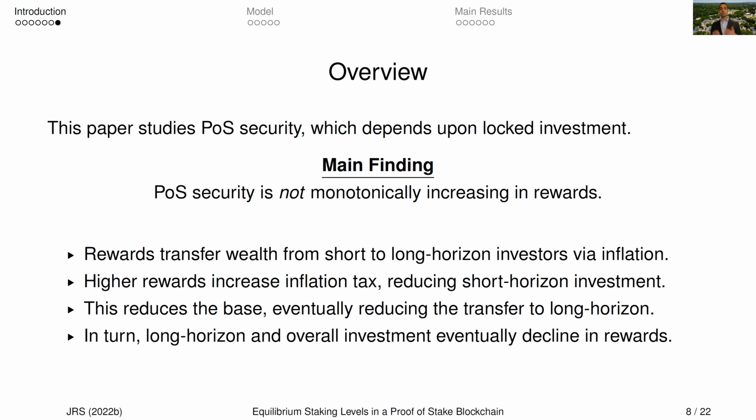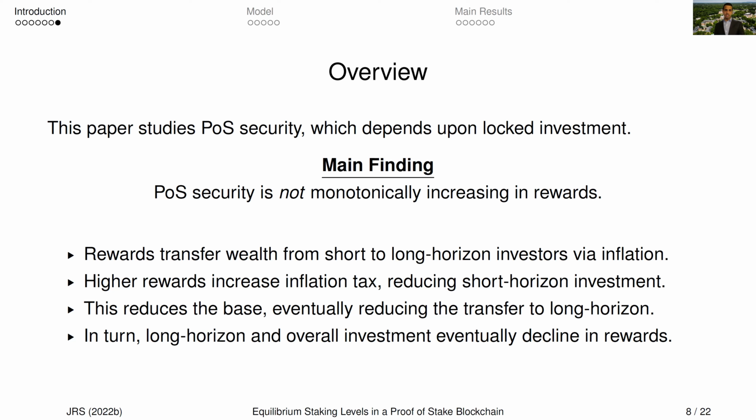But then, importantly, this driving out effect of short horizon investors can actually make it so that the value to the long horizon investors is also declining. It can cause long horizon investors to also reduce their investment. Why is that? Well, it's because you're increasing this inflation tax on these short horizon investors, so they're reducing their investment, and their investment is basically the base on which the tax is being levied.